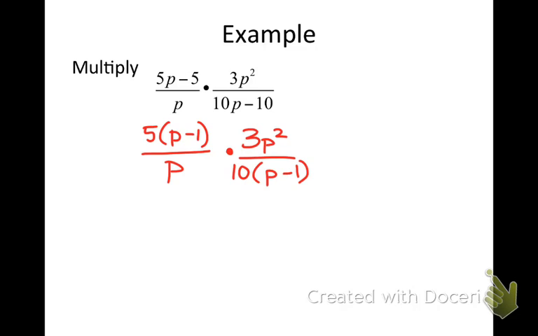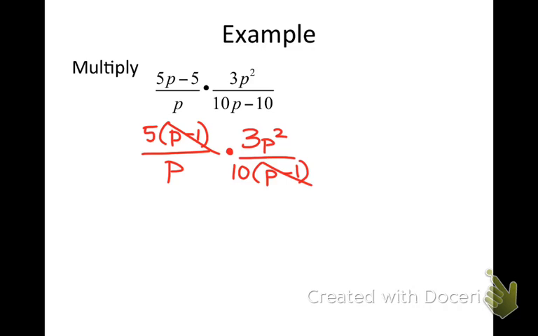All right, well, right away, what do you see that's going to cancel out? Yeah, I have a p minus 1, because really, when you multiply fractions, you just multiply straight across. So we can cancel out on that diagonal. So I can take out that p minus 1. What else is going to reduce? 5 and 10.